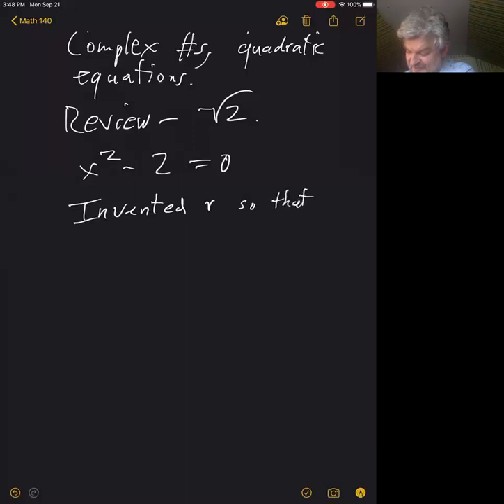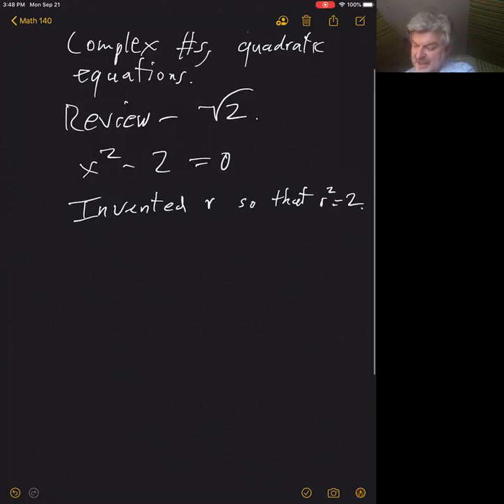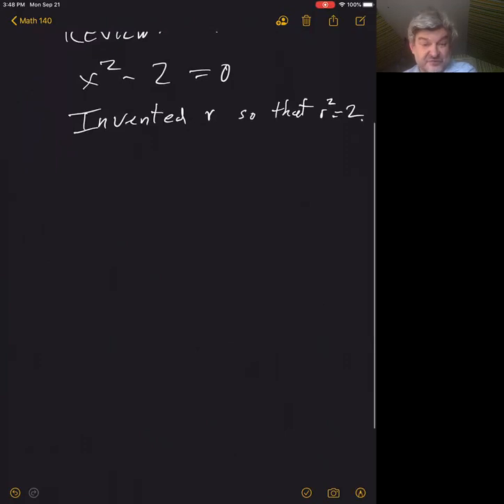And we want R squared to be 2, right? And once we've done that, then we have a solution. And the other solution for that equation is obviously negative R. And we can do math with it.